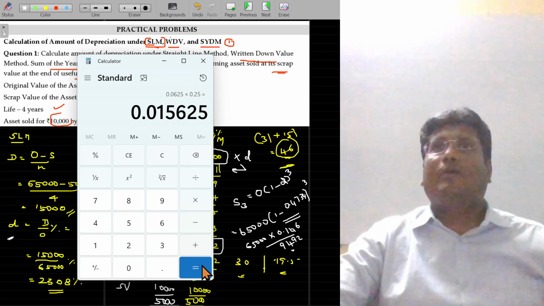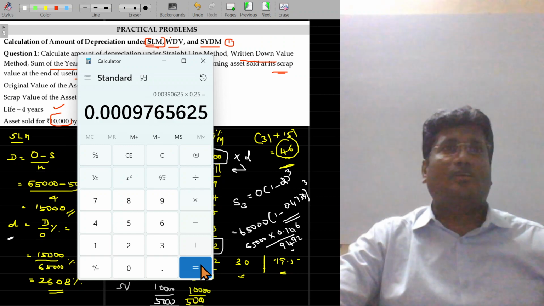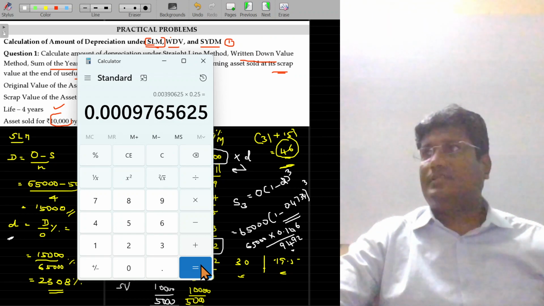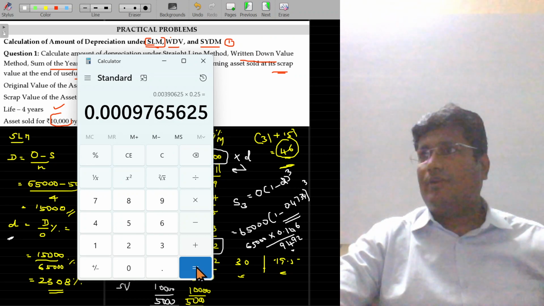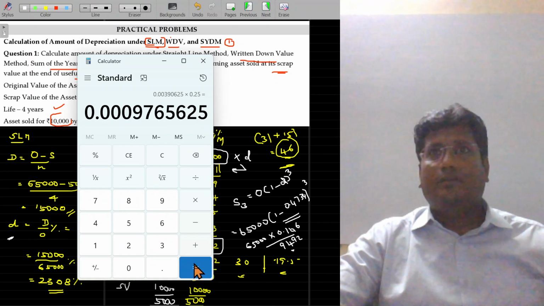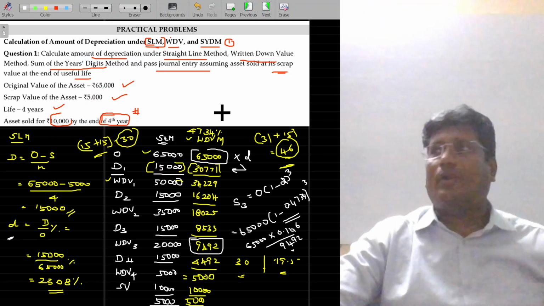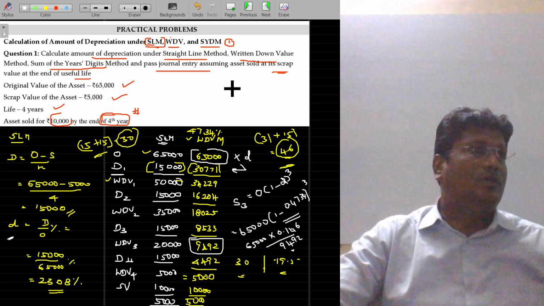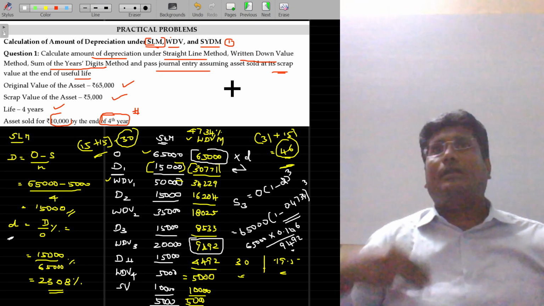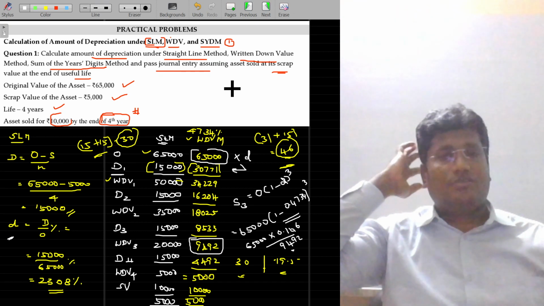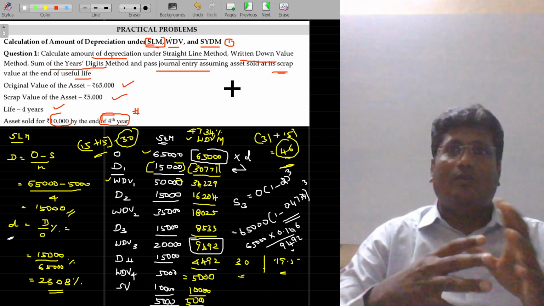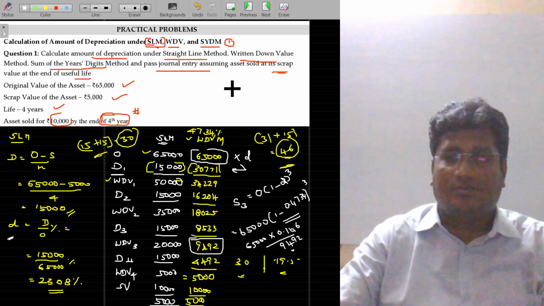Again press equal, power 3, 4, 5. That's all. That's how you can calculate easily. Are you able to get this in your calculator? Yes or no? This is how you can do the calculator operations also. That's why I tell you, use the non-scientific calculator and get familiar with these usages. In subsequent classes, I will use the calculators more intensively.